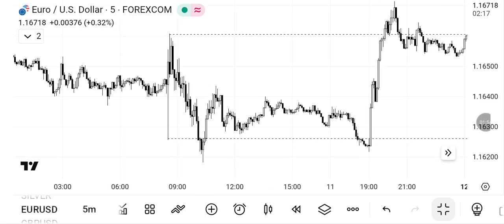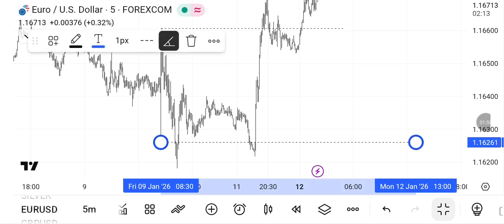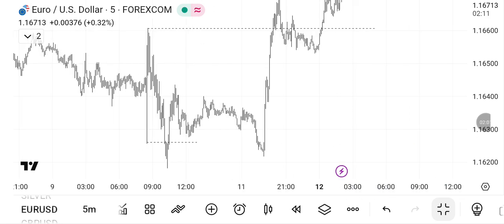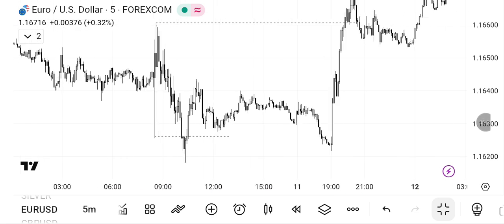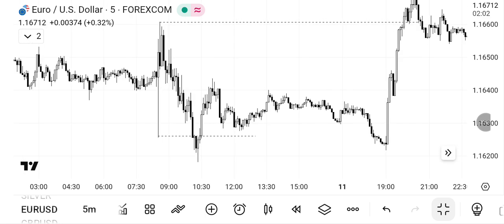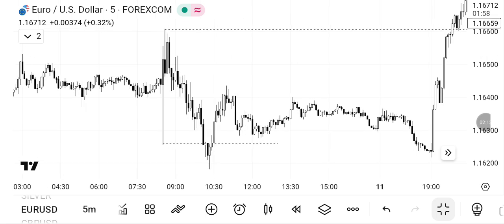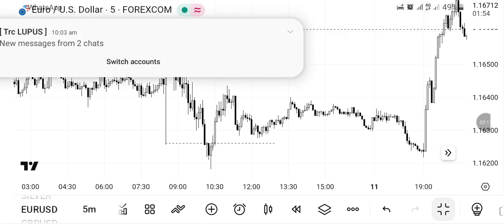Let me delete this. So after price came and took that low, that was the next target after taking the liquidity from those lows, right?